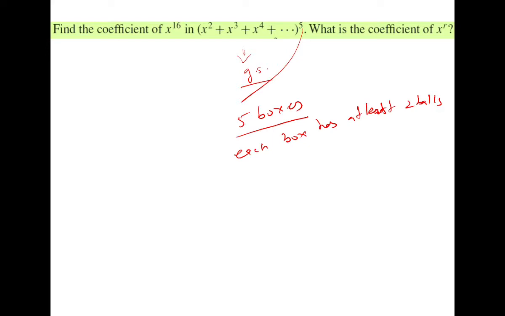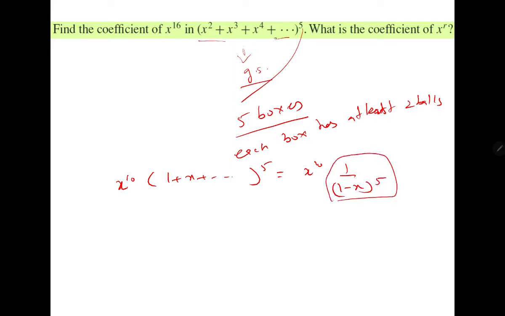Now let's see algebraically how it works. I take x square common, so it becomes x raised to the power 10 times (1 plus x plus x square and so on) raised to the power 5, which is x raised to the power 10 times 1 by (1 minus x) raised to the power 5. So this is identity 5, which we have just discussed.